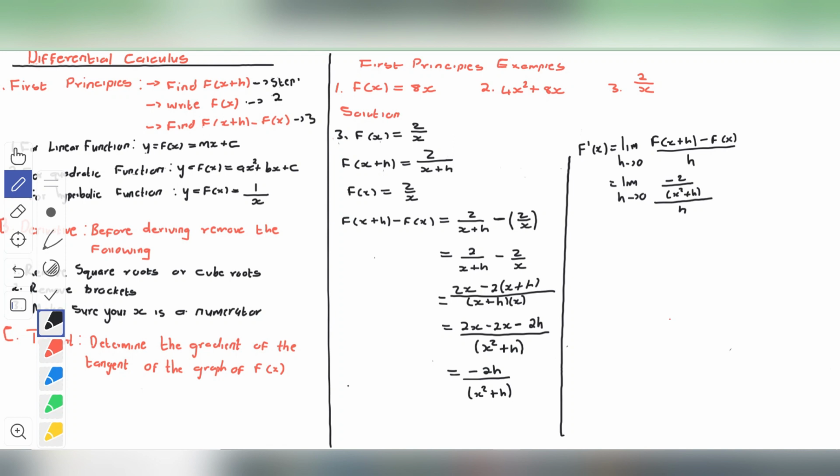After writing this step, guys, we need to write it in the simplest way, whereby negative 2h all over x squared plus h, all over h, is the same as multiplying by 1 over h, right?